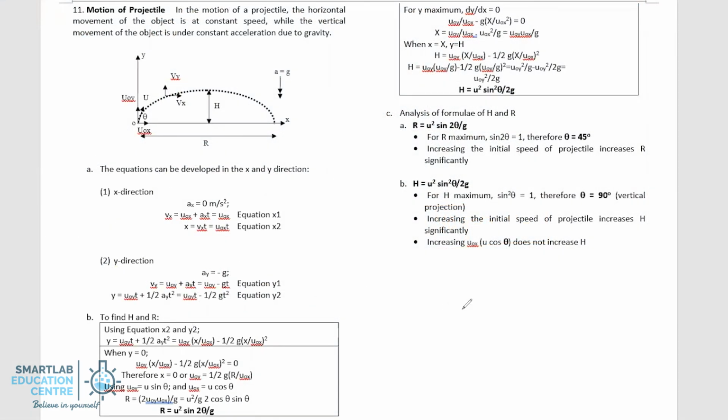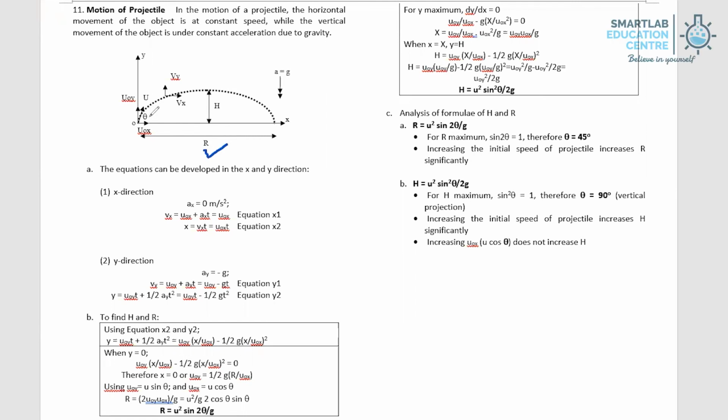The next part we're looking at is how do we maximize the range that it travels by varying the angle theta. As you can see down here, this is the mathematical approach. You can take a look at it.